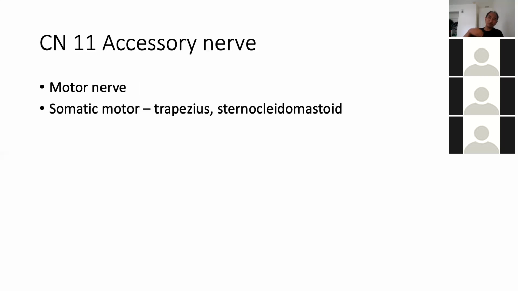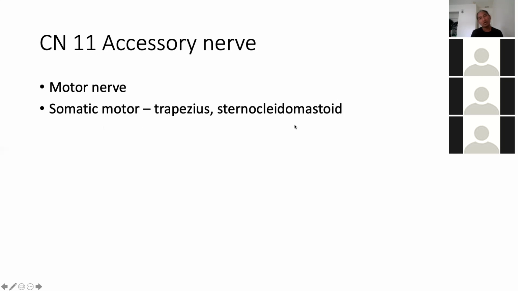Accessory nerve is only a motor nerve. You remember small little rootlets coming from the lower part of the brainstem and upper part of the spinal cord. They all join and they all go back into the cranium and come out back again. It is only for the motor, and it is movement of the trapezius and sternocleidomastoid.